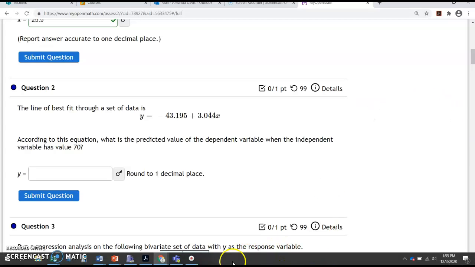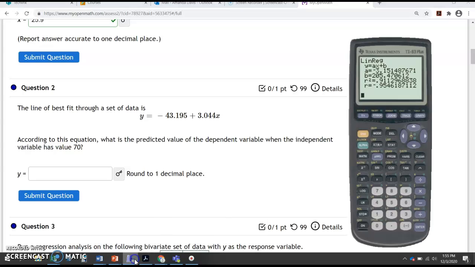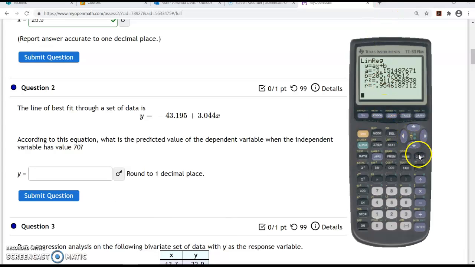So we'll do the exact same thing that we just did, except now we're given the formula. So really, we're just putting 70 in here and looking for what comes up with y. So I'll take 3.044.